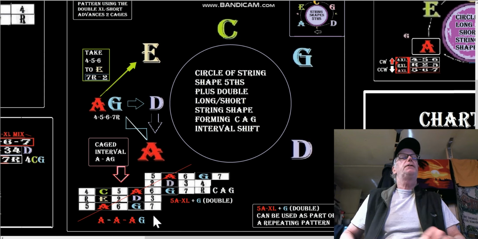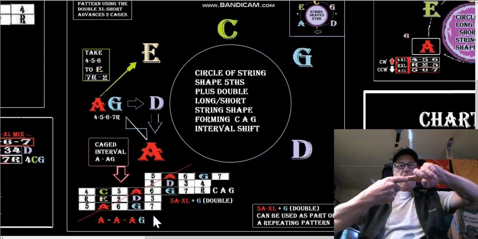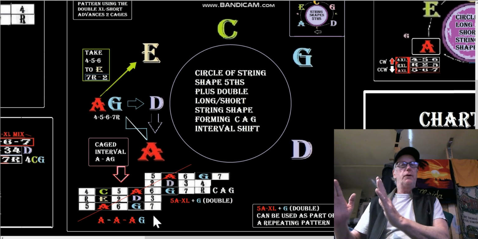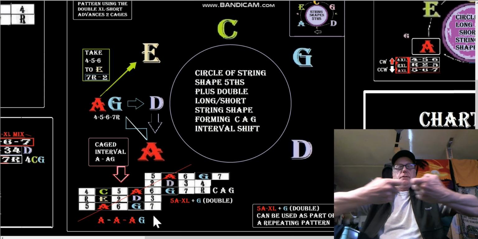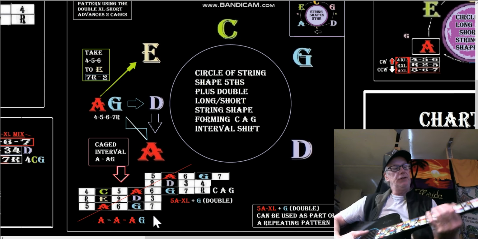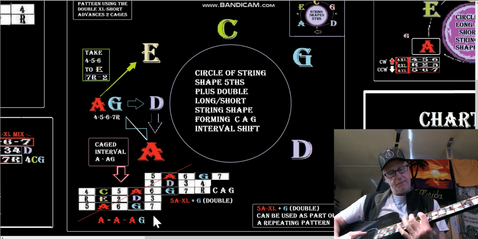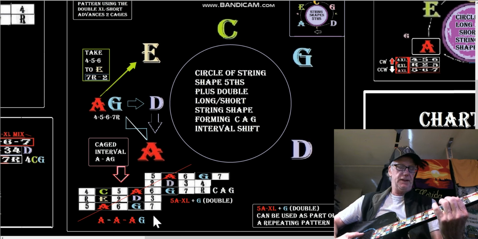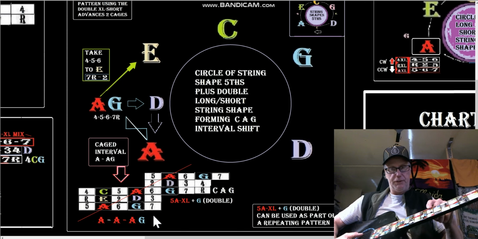A caged interval shares notes. A fifth interval goes up one string or over to a no share on that same string. So a fifth interval between C and G is this, and a caged interval is in between C and A. See, we share the G there.